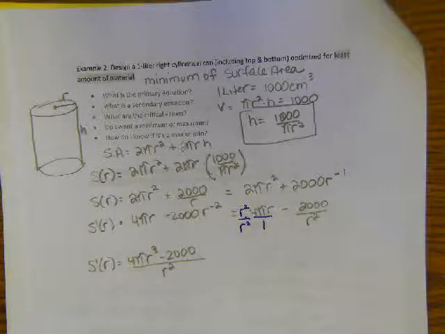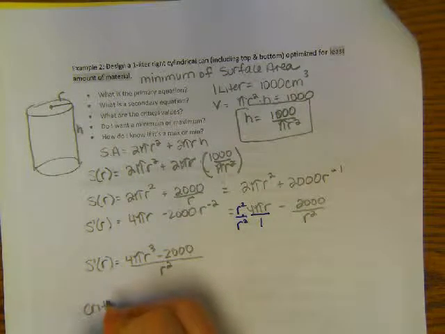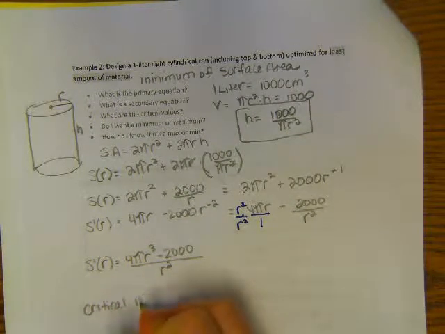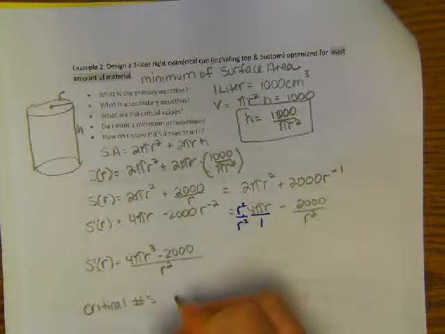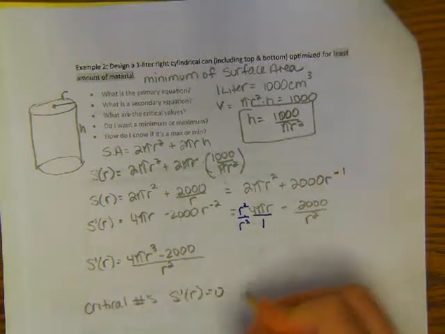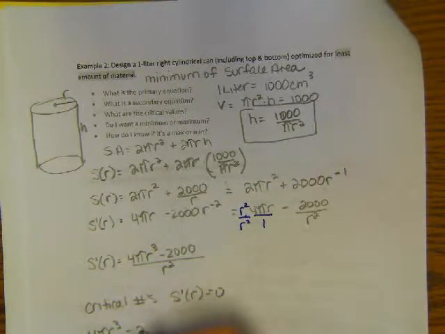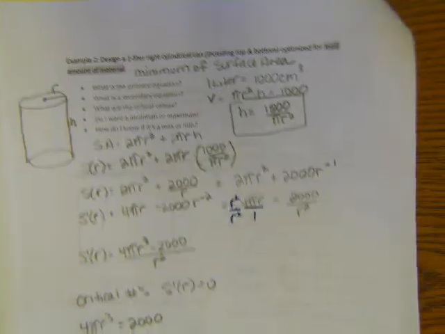Okay. The minimum is going to occur at a critical value. So I'm going to write down here, we're trying to find critical numbers now. Critical numbers are where s prime of r equals 0, which means that's where 4 pi r cubed equals 2,000. Let that sink in a second.